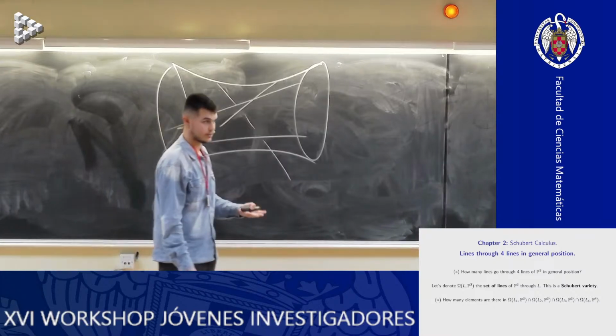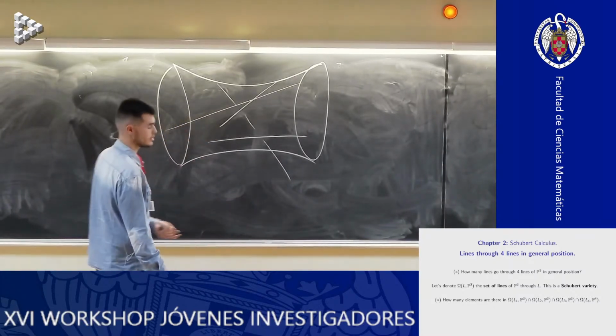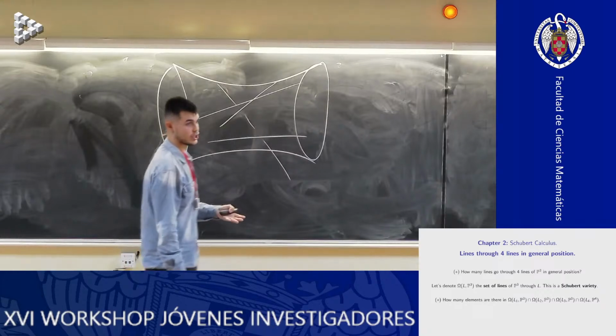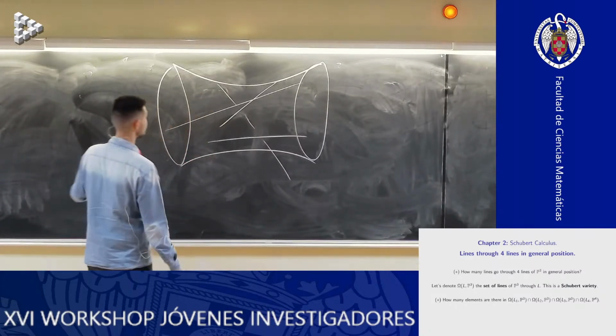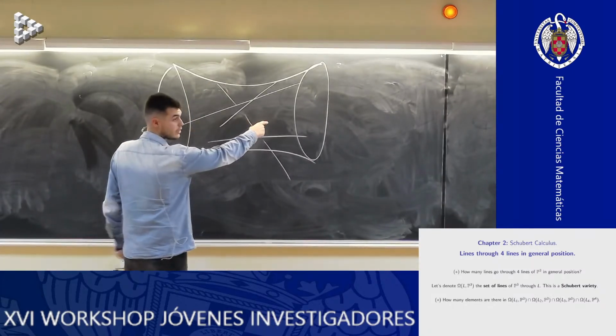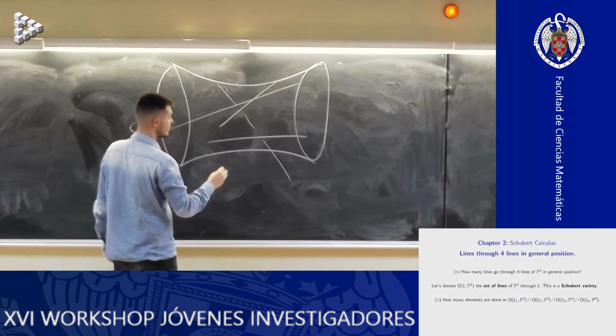So now you take the 4th line, because we took 4 lines in general position. As the 4th line is in general position too, it is expected to intersect the quadric in exactly 2 points.